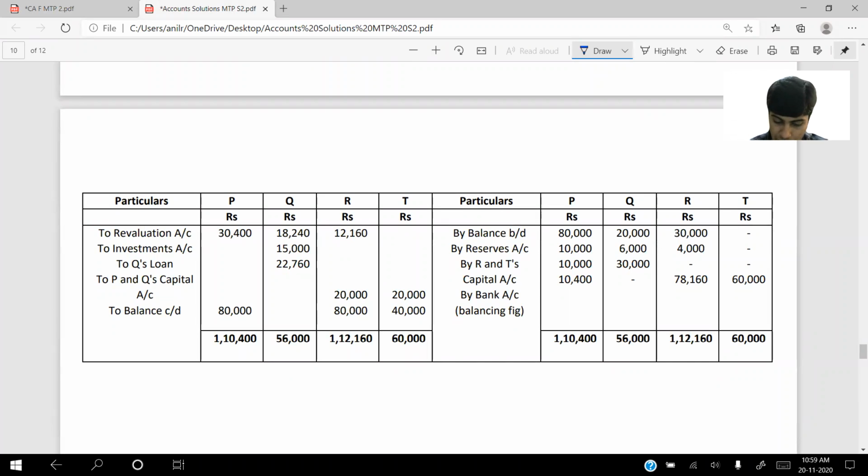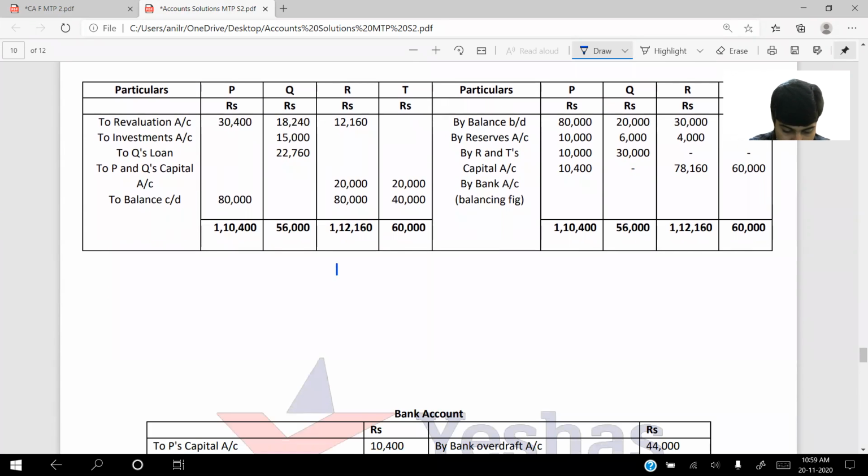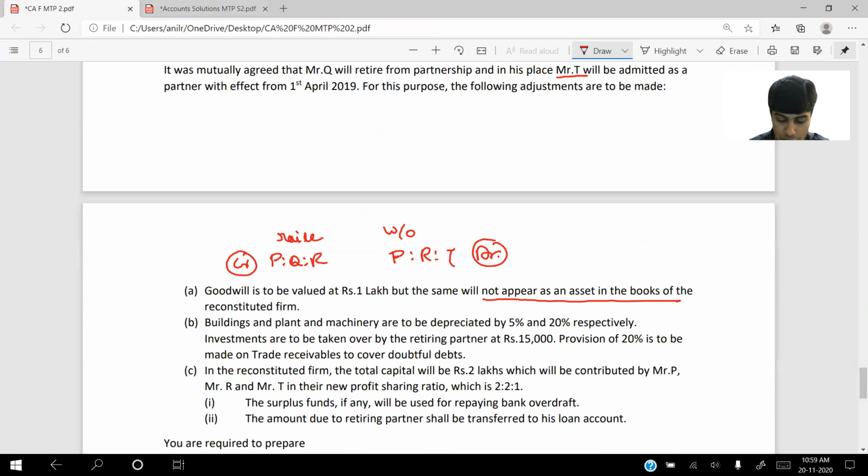Have a look. Here they've done straight away adjustment. Okay, never mind. I can show it to you. What are the partners' names? P, Q, R, T. Raising goodwill. How much is goodwill? Goodwill is 1 lakh.